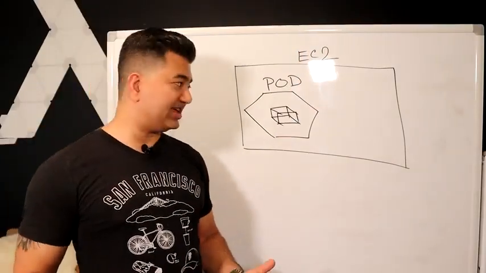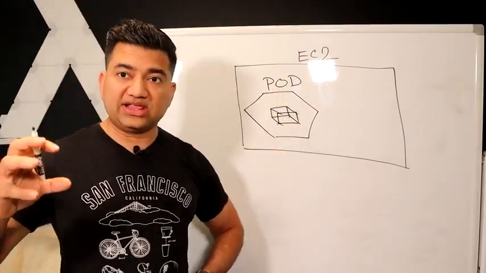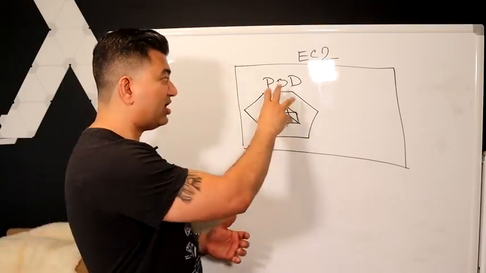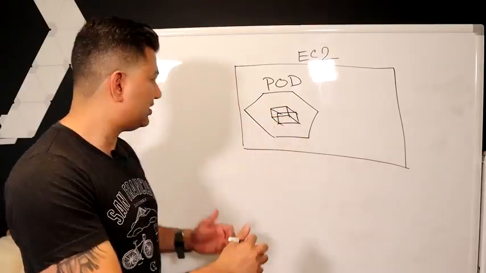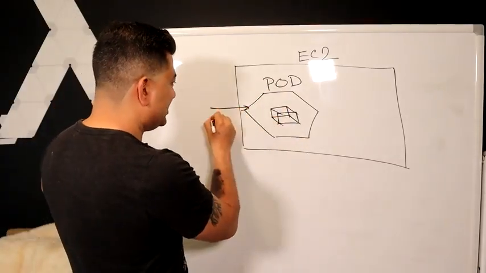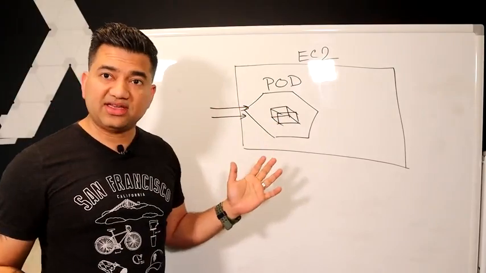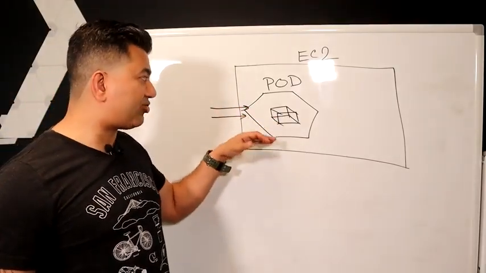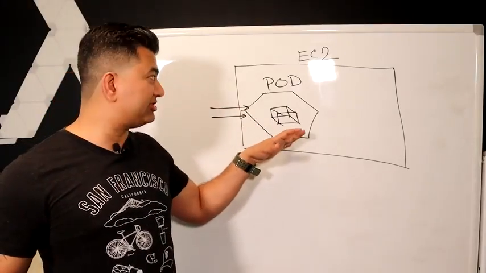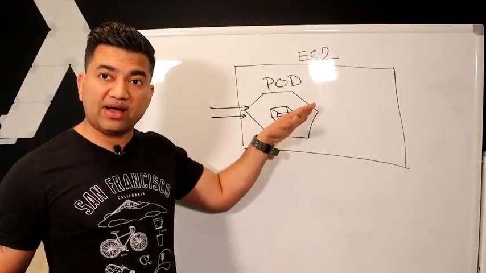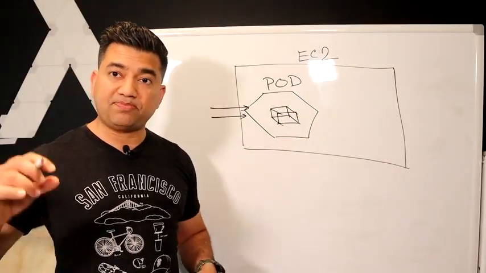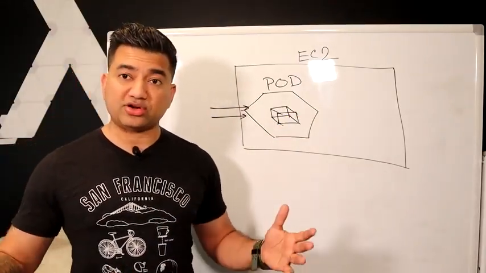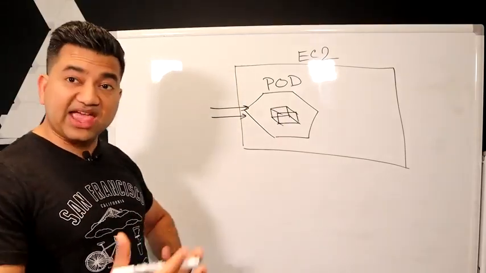What will happen is, this pod will keep track of the CPU and resource utilization. As traffic comes in, this pod can handle multiple traffic connections. But with each traffic, the CPU and memory utilization of this pod will go up. And at a certain point, using HPA, or horizontal pod autoscaler, it will scale.